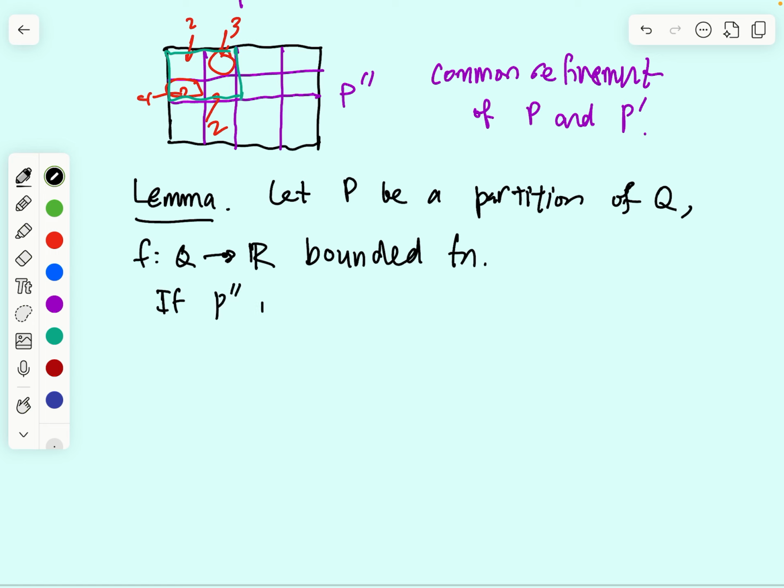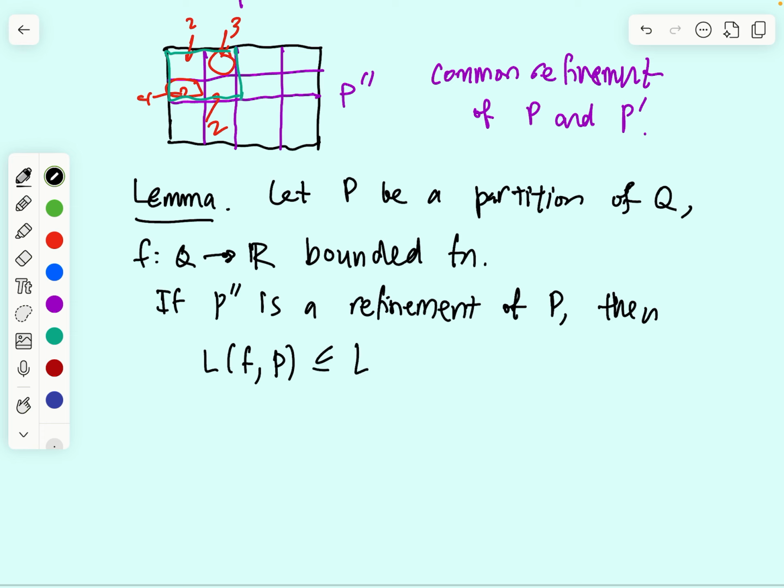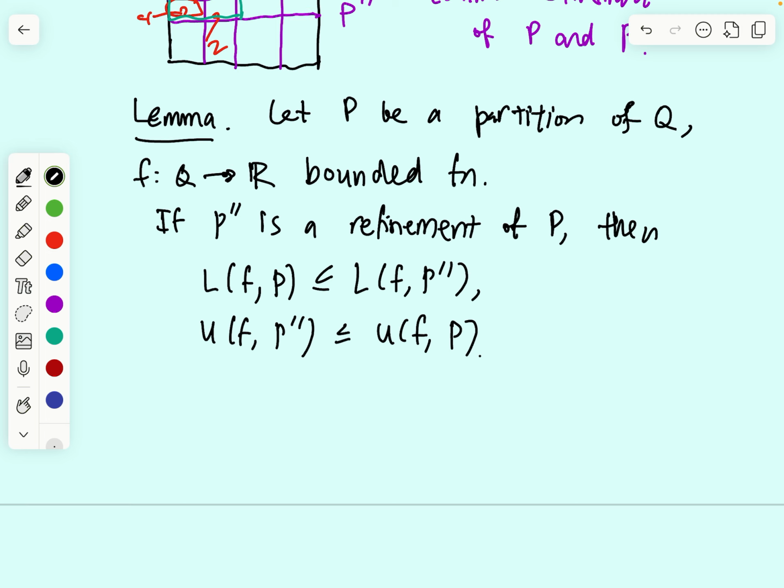If P double prime is a refinement of P, then the lower sum associated with P is less than or equal to the lower sum associated with P double prime, and the upper sum associated with P double prime is less than or equal to the upper sum associated with P. So that's how the lower sums and the upper sums compare.